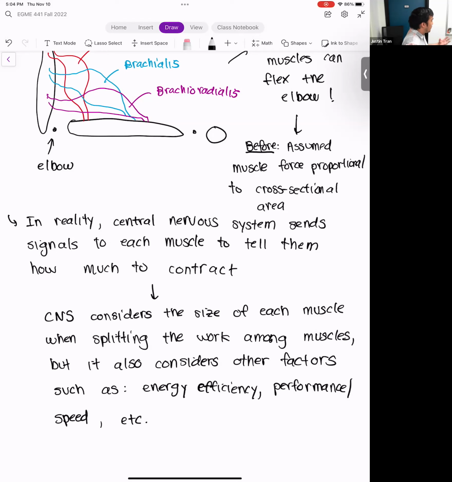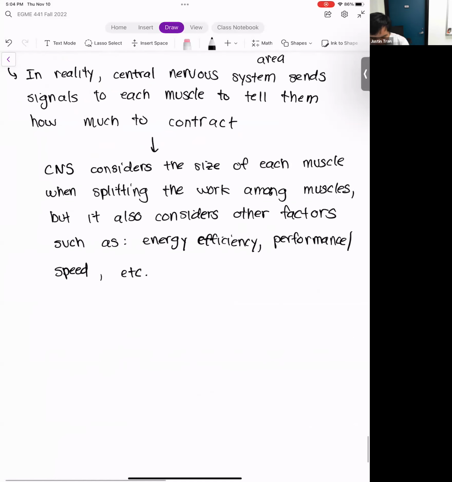So some muscles are fast twitch and slow twitch. Okay. And then depending on the situation, maybe we want energy conservation, maybe we want performance, it really depends. Okay. And so we need a framework, or a way to account for all of these things together at once. And so the way that we can do that mathematically is to use something called an optimization algorithm, an optimization technique. Okay.